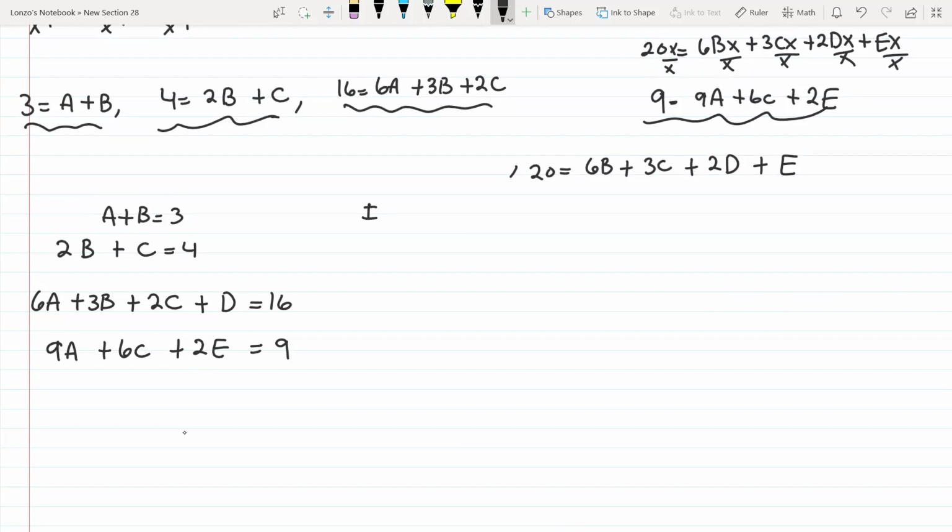what if I let a equal 1? That means b must equal 2, right? I think if you solve for a, it would be 3 minus b, or if I solve for b, I would get b equals 3 minus a, right?